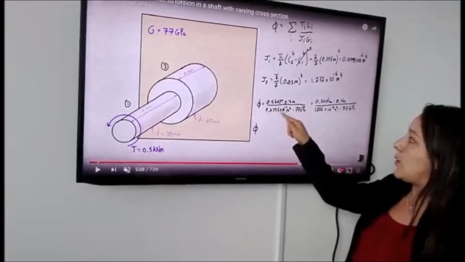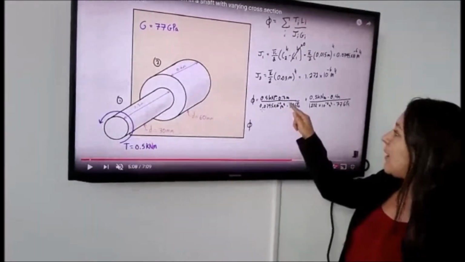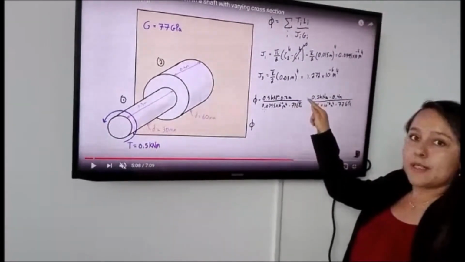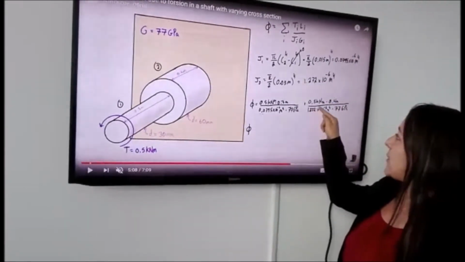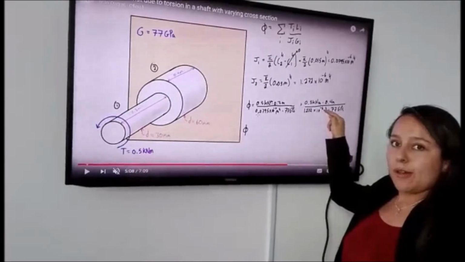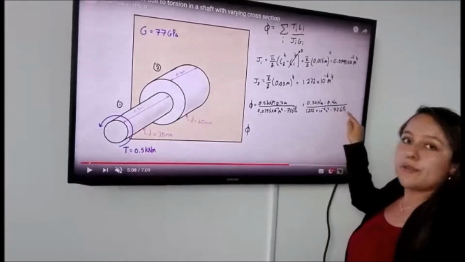So in our equation, we take the part on the section 2 first. We have 0.5 kilonewton meters times the length, which is 0.3 meters.